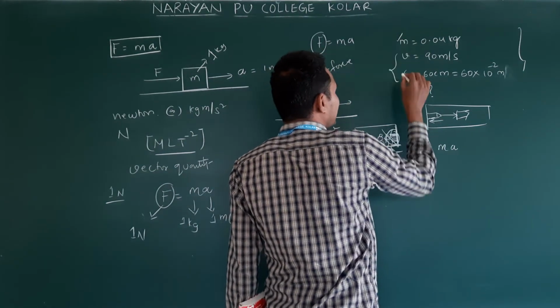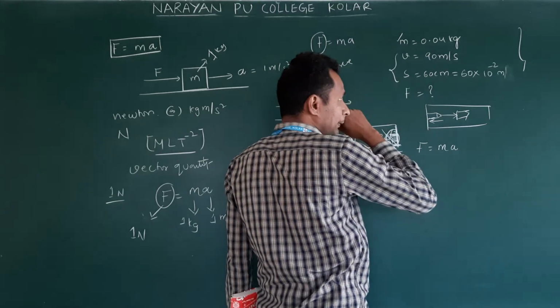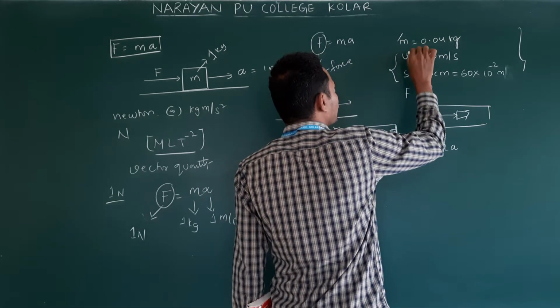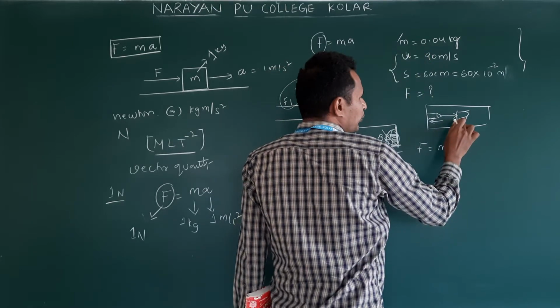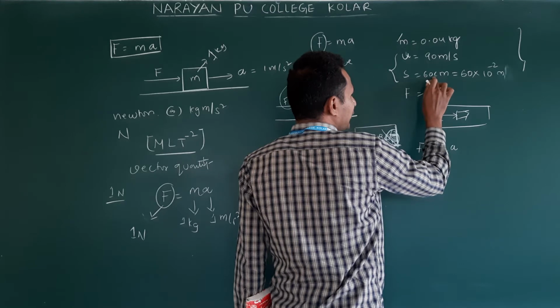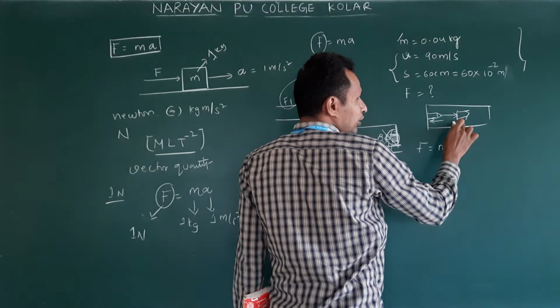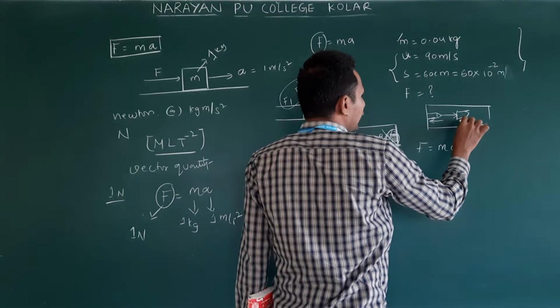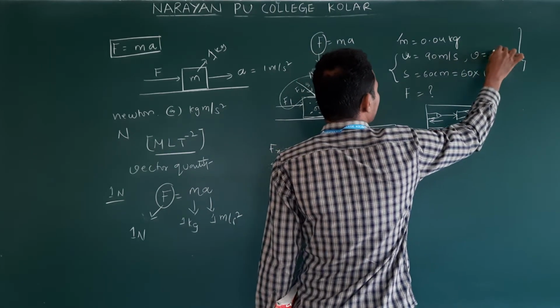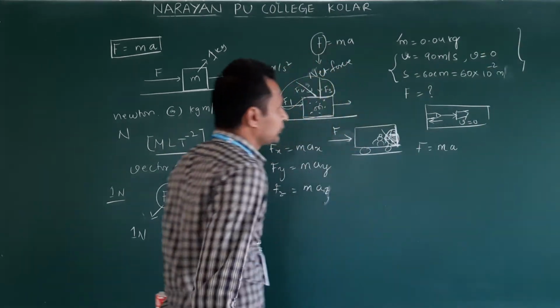V and S, S is there. V, you take this as initially U. Finally, what happened? After traveling 60 centimeters, is the bullet moving? No, it's stopped. So what is the final velocity? It is 0. Then final velocity is equal to 0.